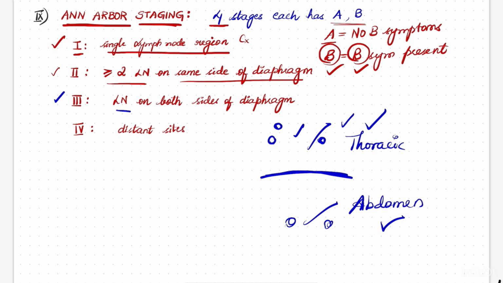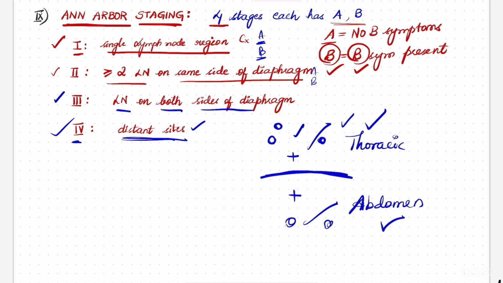Stage 3 means lymph nodes on both sides are positive. Stage 4 means distant metastasis, like extranodal sites, spreading to the stomach wall, brain, bone marrow, liver, and spleen. So distant site involvement means stage 4. Each stage has A or B depending on the presence or absence of B symptoms. A means absence of B symptoms.